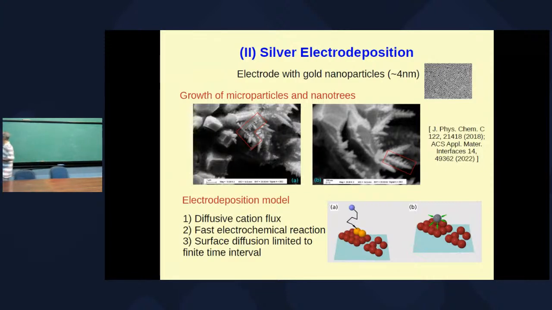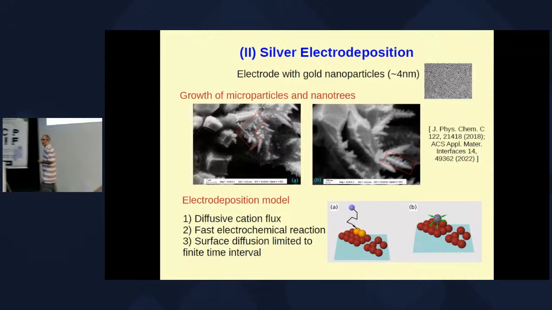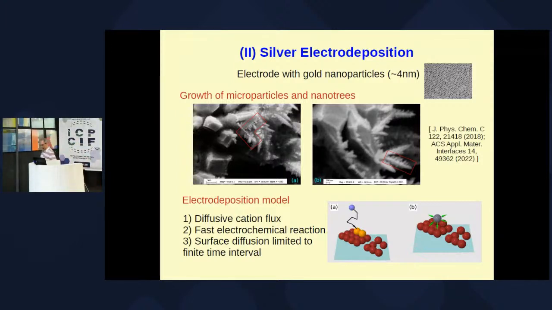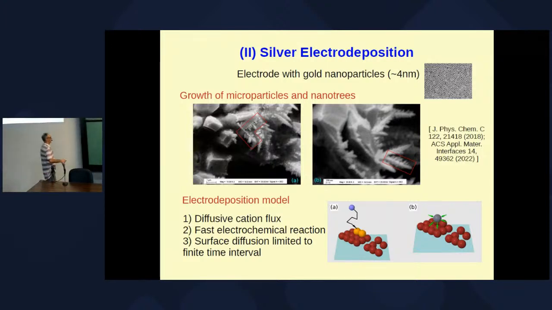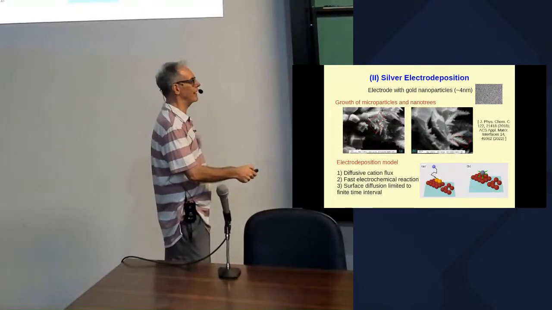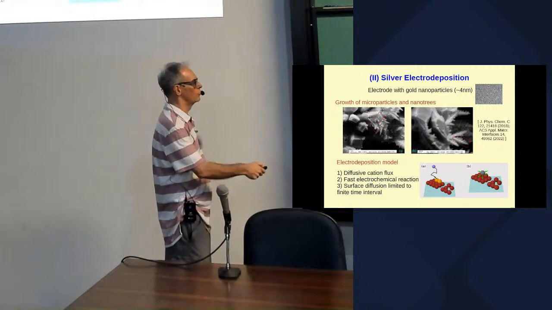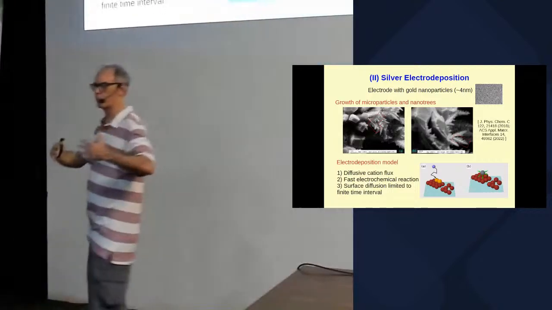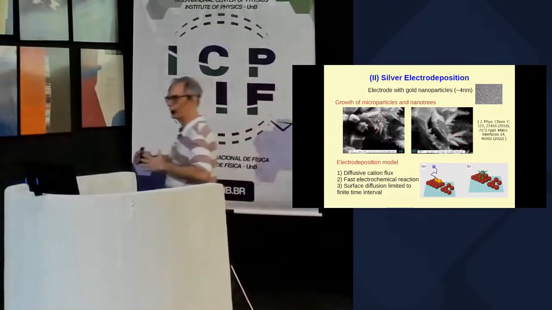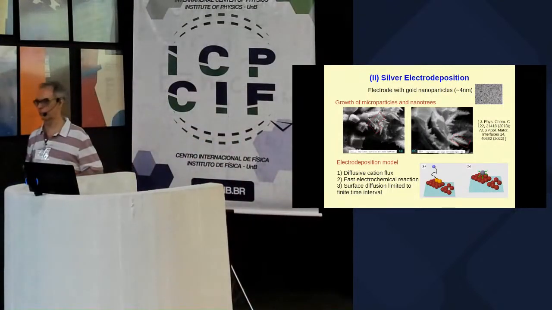And then when we describe surface diffusion for the reduced atoms, what we are describing is the mobility of the atoms in this amorphous layer until they crystallize, until they attach to the growing crystal and become part of the growing crystal, expanding the growing crystal, the core crystal.